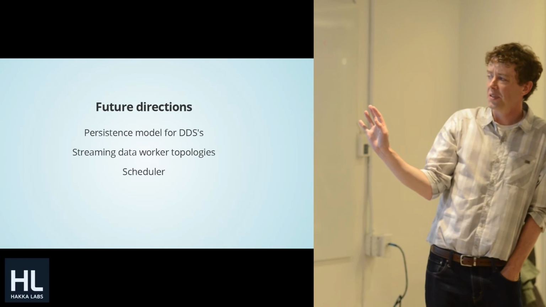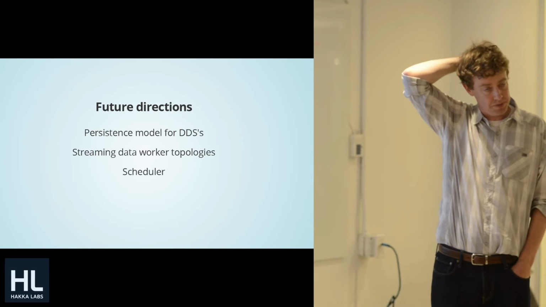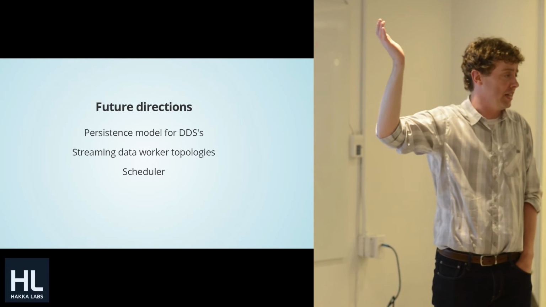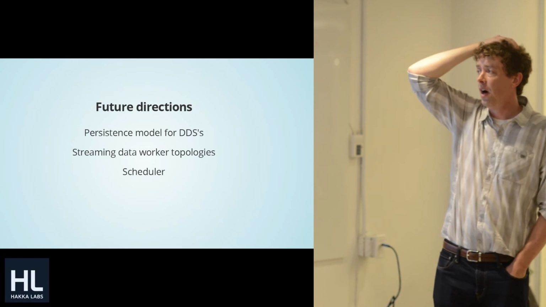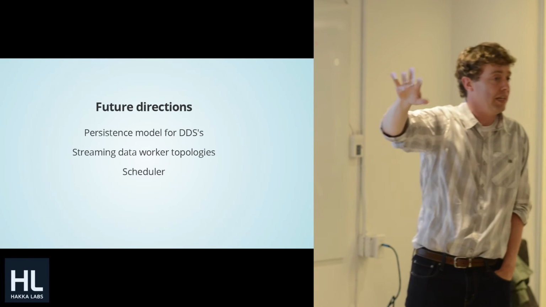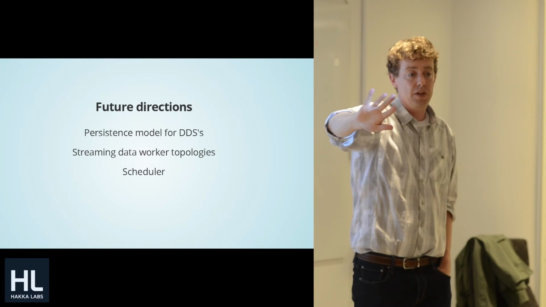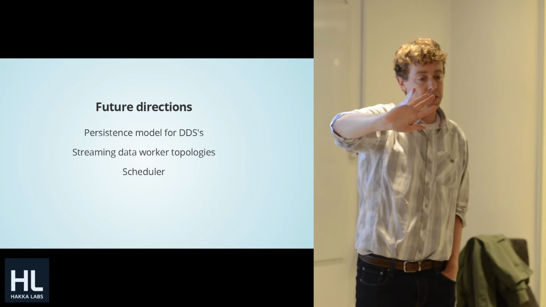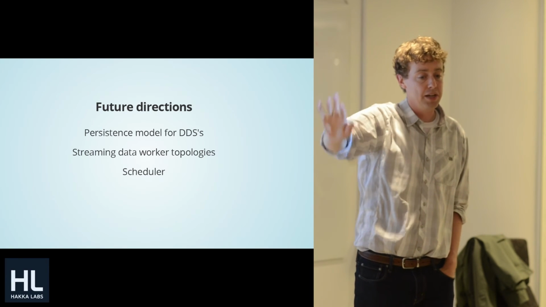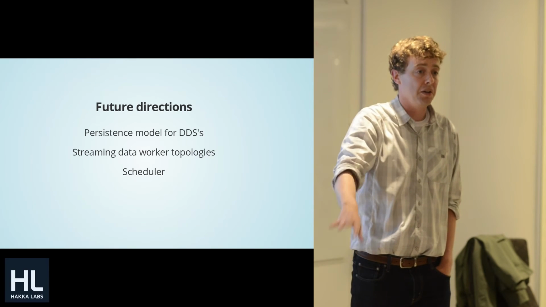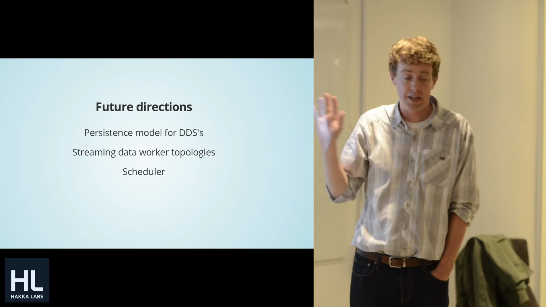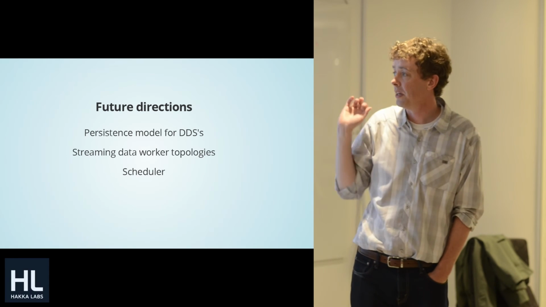We have a persistence model for distributed data structures. So right now you can think of it as an in-memory database that you can do all kinds of numerical things with. The persistence model is actually pretty easy, because if anytime a resource is updated, it's copied and then written to disk, then you actually have a transaction model, and it's not that difficult to implement.